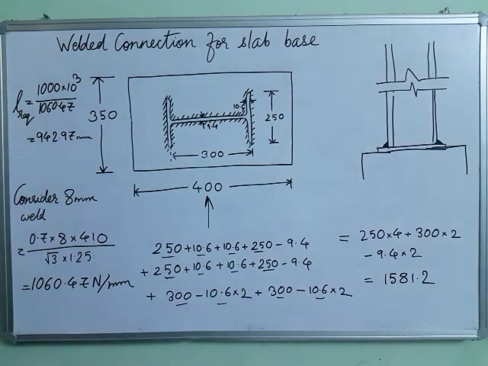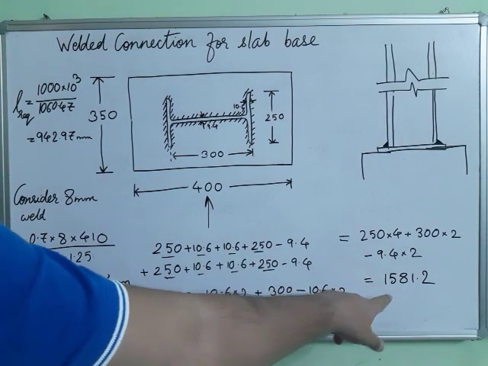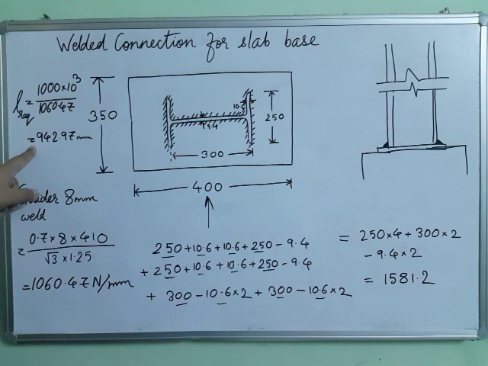So length required will be 942.97. How much is available to us? 1581. So the available length is more than the required length. So our 8 mm fillet weld is adequate.